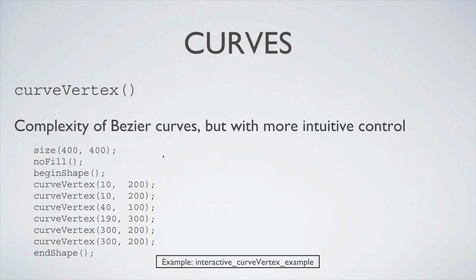Now here we have the curve vertex option, which is slightly different to the Bezier option. And here we have begin shape, and then we just have a number of vertices. So it's not as complicated as Bezier vertex, where you have two control points and the anchor point for each Bezier vertex you set up.